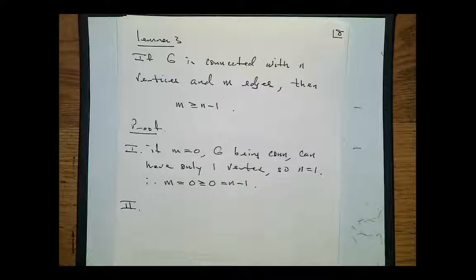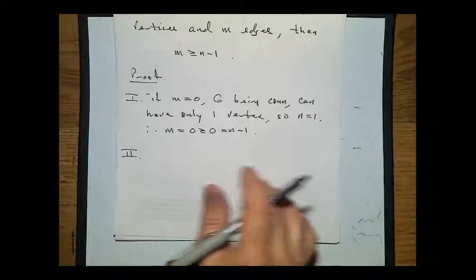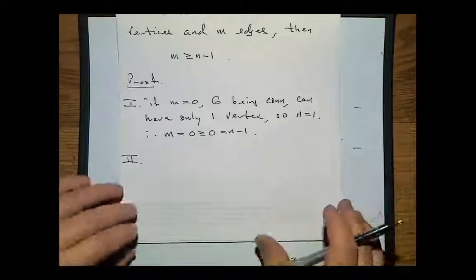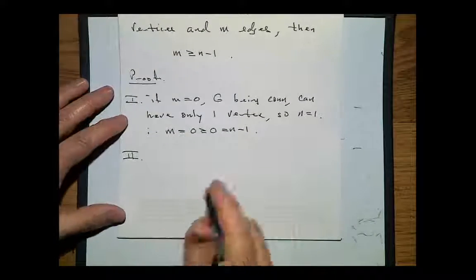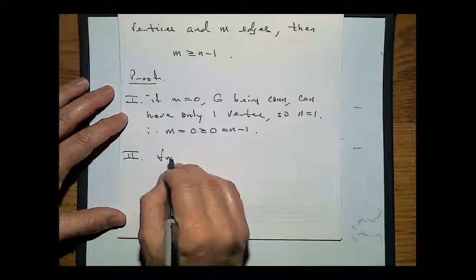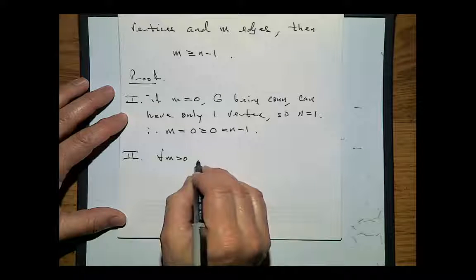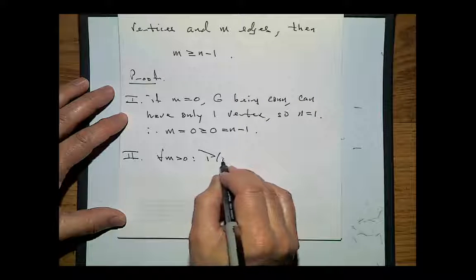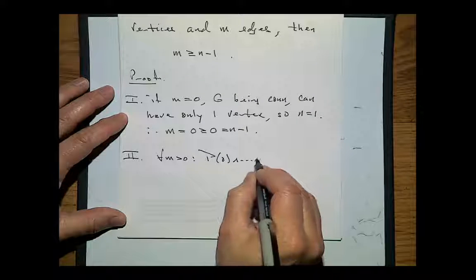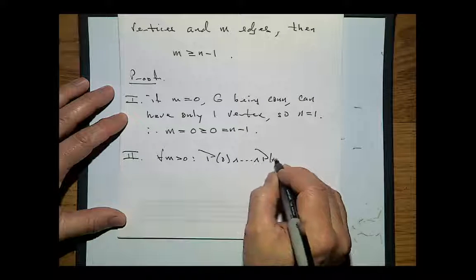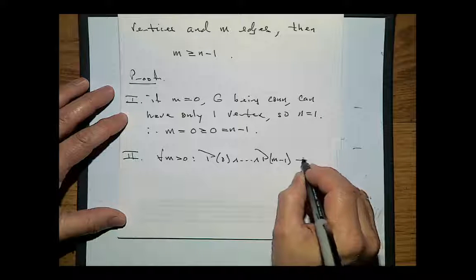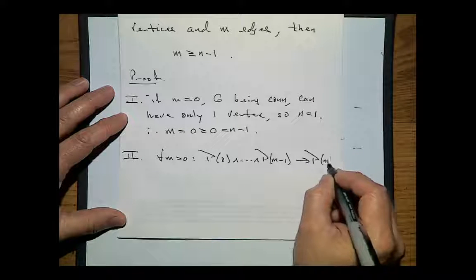Okay, step 2. This is where it's different. Let me repeat the script, or the form that you have to fill in, right? The script that you're following. For all m greater than 0, if p of 0 and all the way up to p of m minus 1 are all true, then p of m is true.